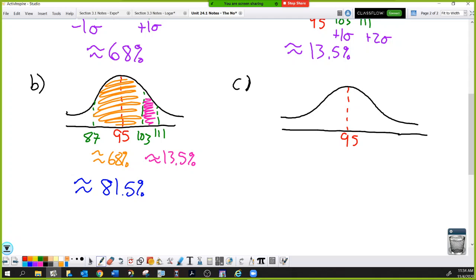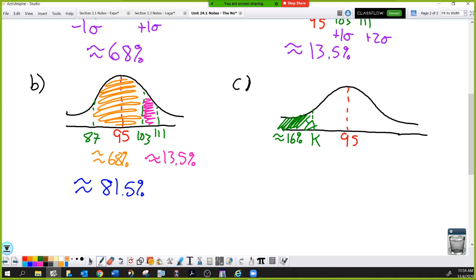Roughly 16% is below some K value. Well, there's 50% below 95. So if 16% is below my number, I am to the far left of 95, because that number's smaller than 50. Picture not drawn to scale. What we know is that the shaded area represents about 16%.